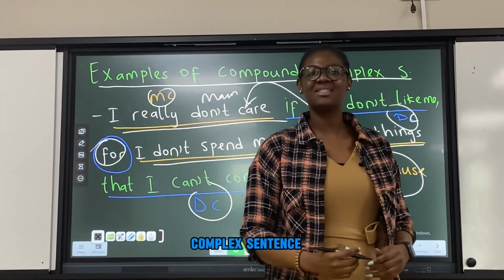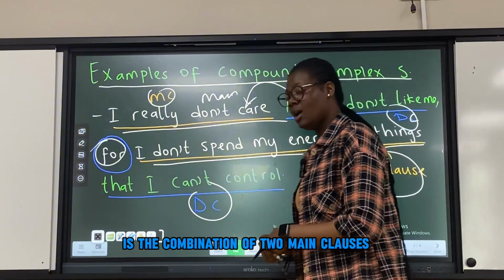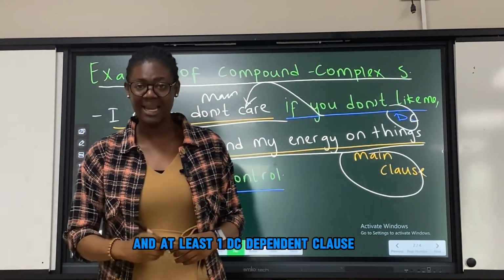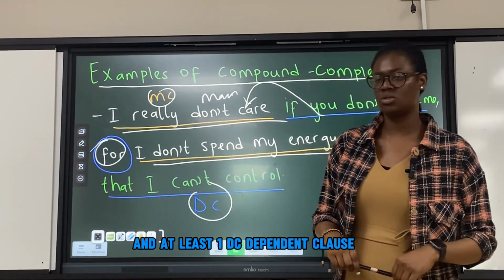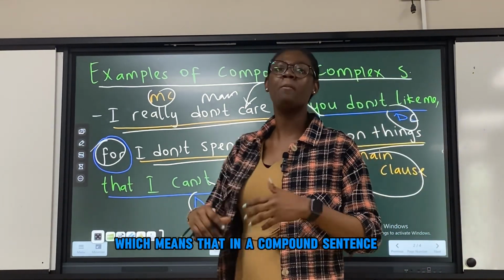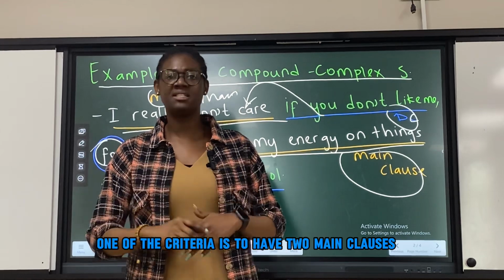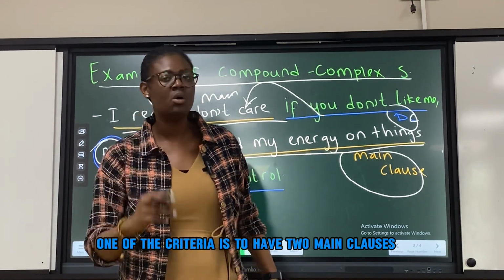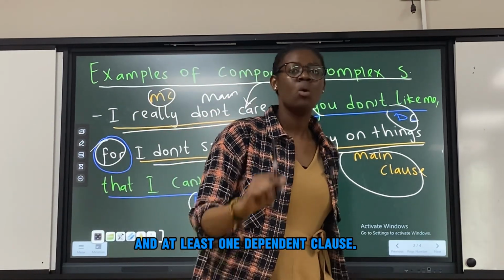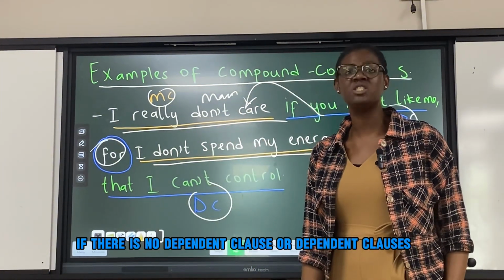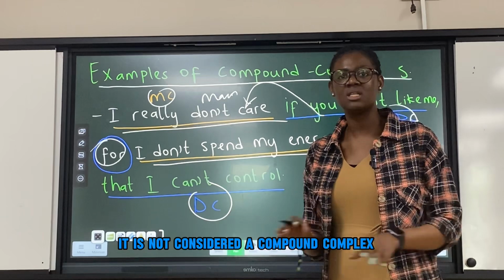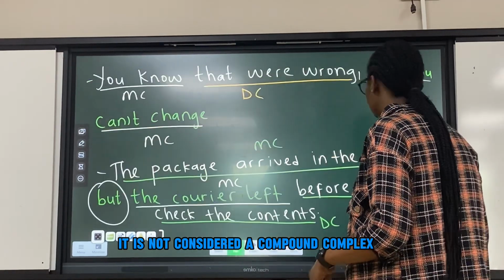So a compound complex sentence is the combination of two main clauses and at least one DC, dependent clause, which means that in a compound sentence, one of the criteria is to have two main clauses and at least one dependent clause. If there is no dependent clause, it is not considered a compound complex.